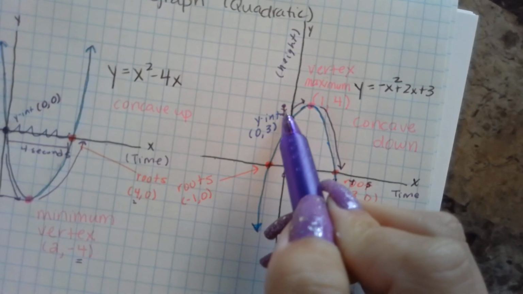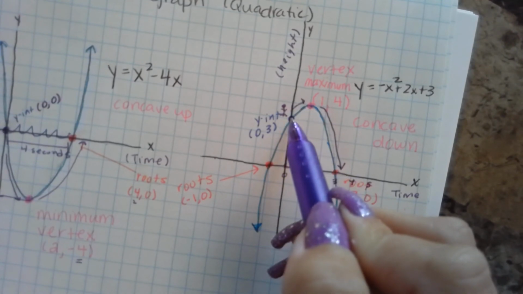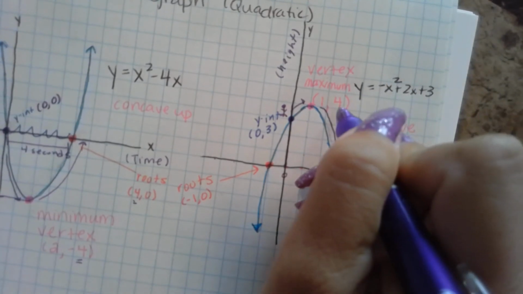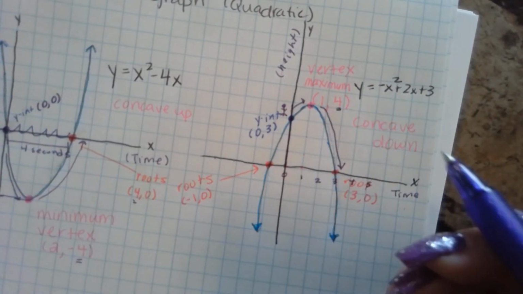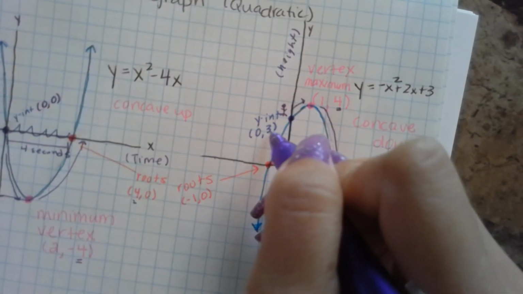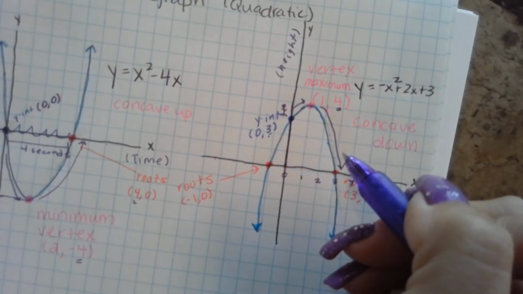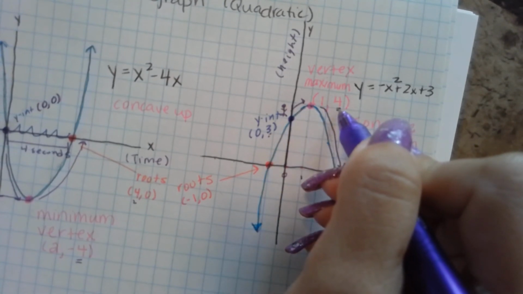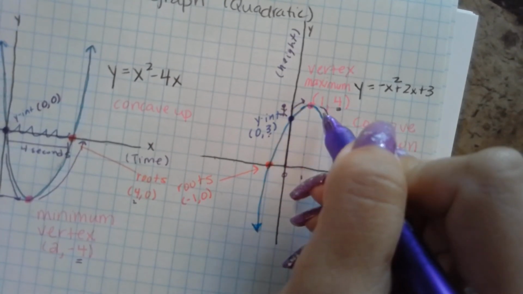So if you're standing here and you threw a ball, that ball was really high. The highest point, the maximum point, was about 4 feet, but you started at 3 feet, okay? You started here at 3, and the ball was 4 feet high after you threw it.